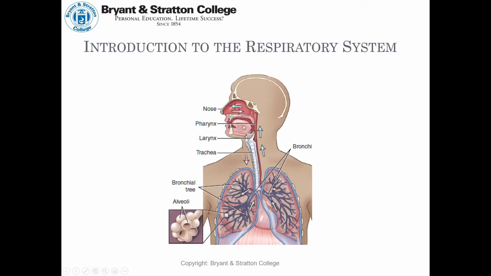Now, it's also possible to breathe air in through your mouth. So air would come into the mouth and enter the oral cavity, and then eventually into this back space here called the oropharynx. Now, as air travels further inferiorly, we hit the split where air is either going to the respiratory system or it's going to enter the digestive system into the stomach, because throughout this space, the digestive system and respiratory system are overlapping.